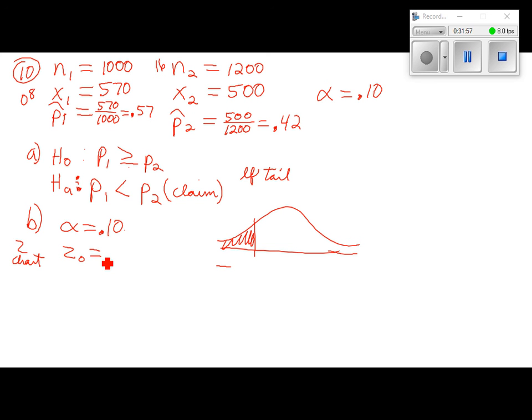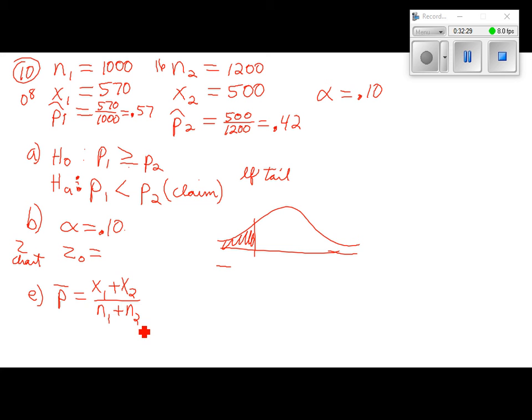I'm not sure why my letters are wrong there. I just noticed that they are. So the next one actually says Part E. Not sure why it says Part E and not Part C. Find the standardized test statistic. Again, to find this, we got to find P hat first. Or not P hat, P bar first. And you find P bar by doing X1 plus X2 divided by N1 plus N2.